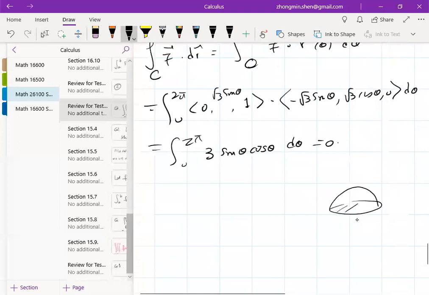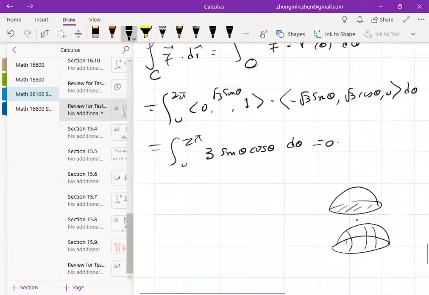It could be either this part or this part, right? And then clearly the disk is the simplest surface, enclosed by this curve. That's a circle. Circle can be viewed as the boundary of the sphere.